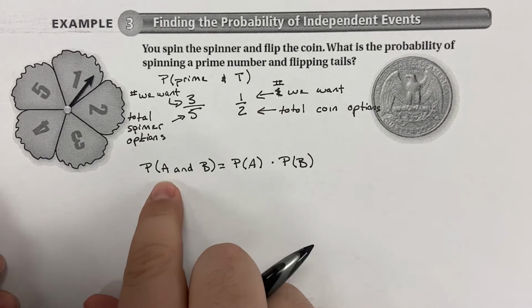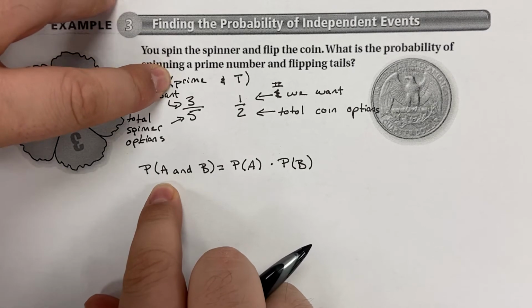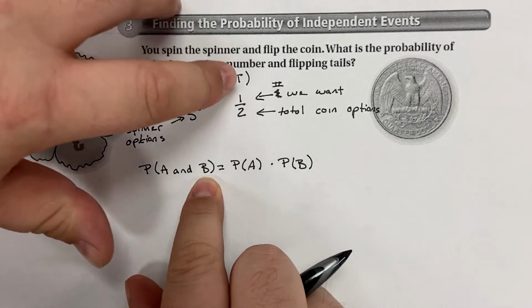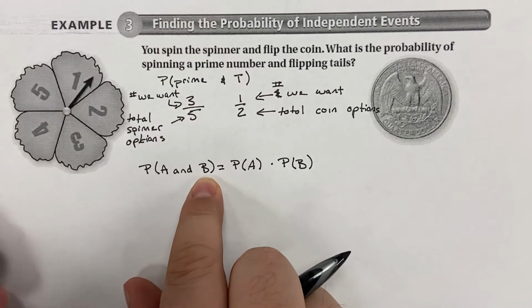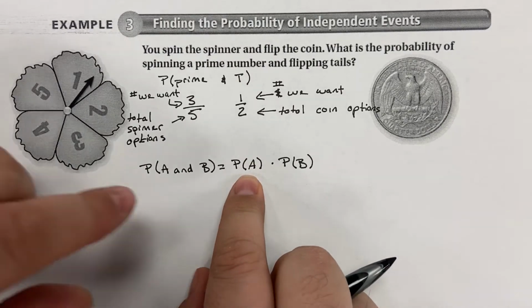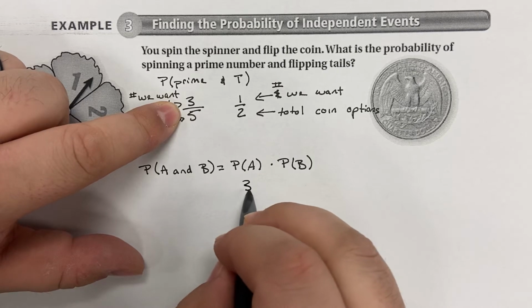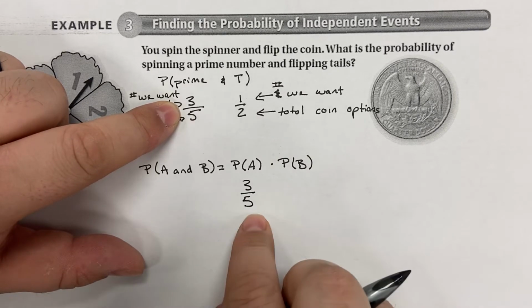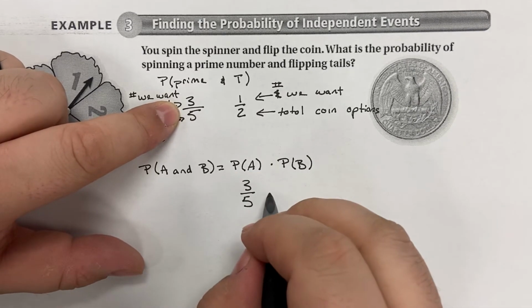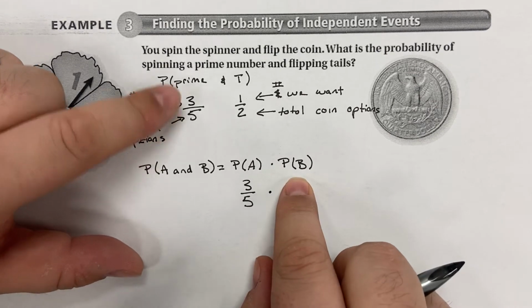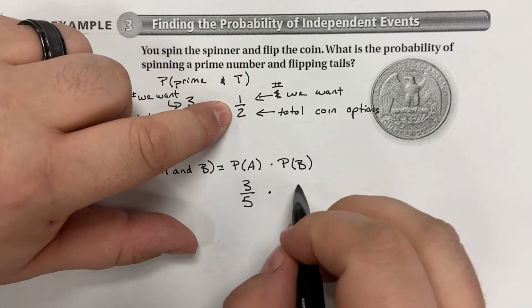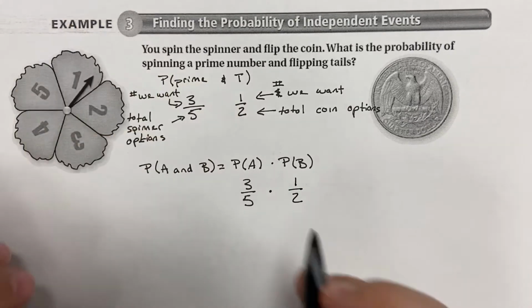In this case, A event is we're spinning a prime number, B event is flipping a tail. So we're going to take the probability of spinning a prime number, which we just found to be 3/5, and substitute that in. And then we're going to multiply that by the probability of flipping a tails, which we found to be 1/2.